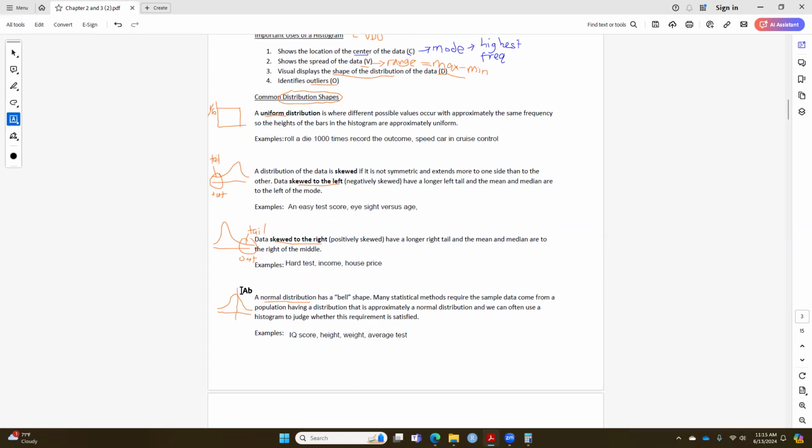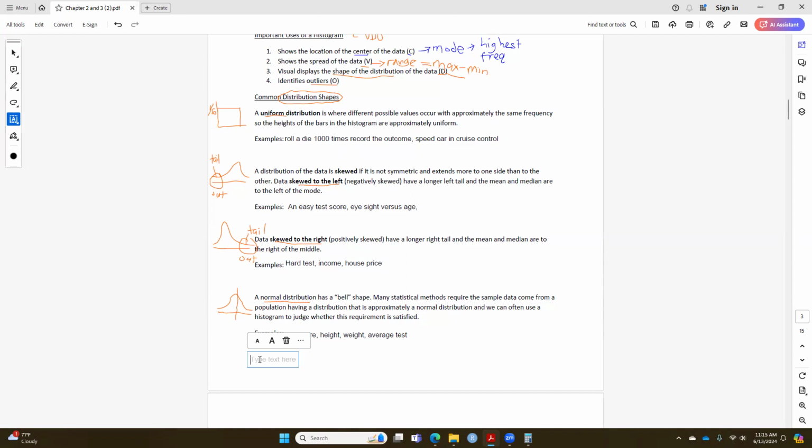Some of you will do well, and some of you will do bad. Same thing with IQ score, your height and your weight. Height means the majority of us are in the middle, between 60 some inches to 70 some inches. But there are people who are super tall and people who are super short. But those people are less frequent in this case. So those are the 4 different types of distribution in this case.